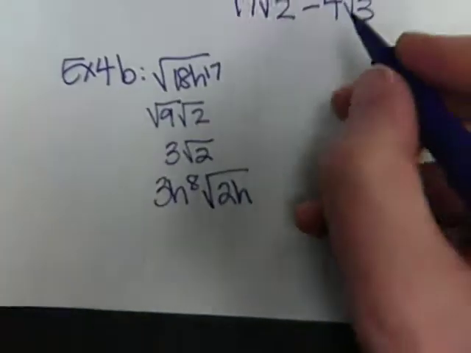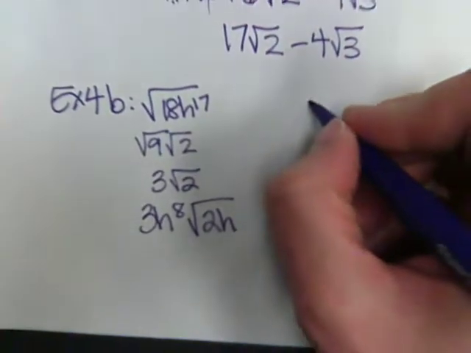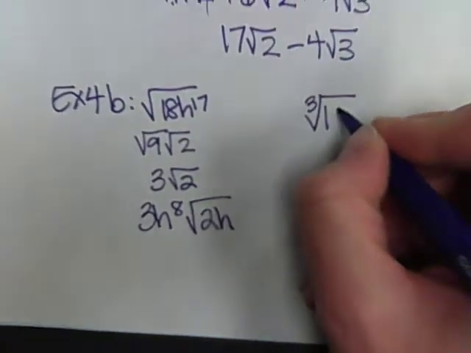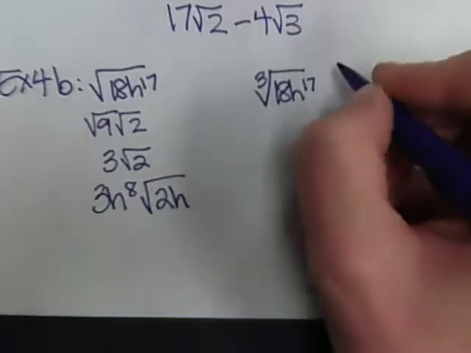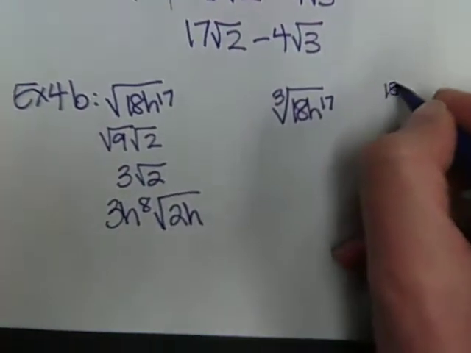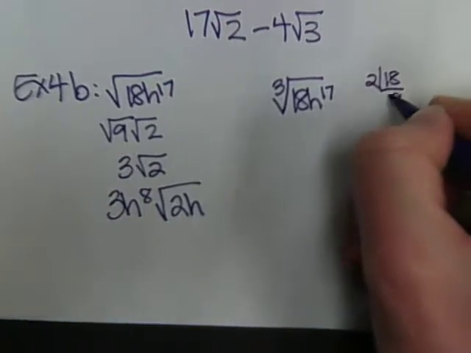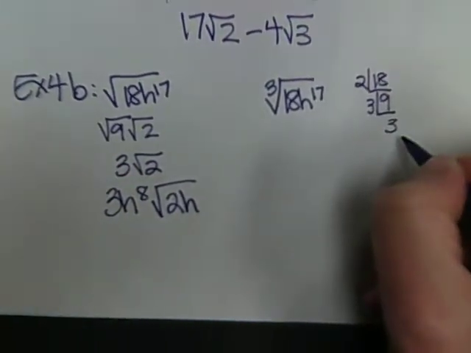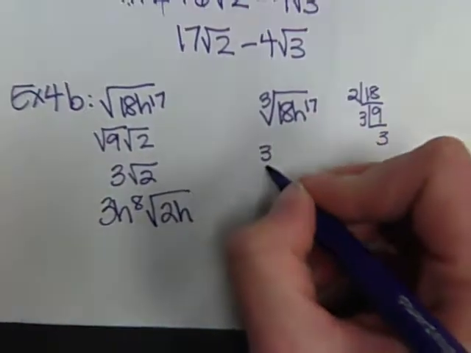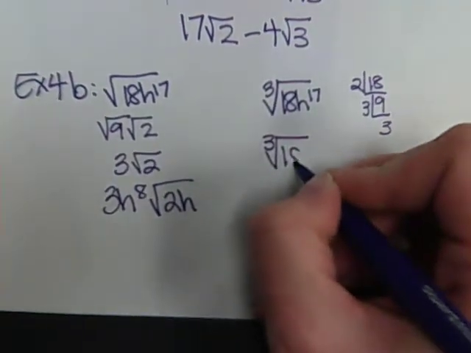Now, I want to push this a little bit further, and let's do the cube root of 18, h to the 17th. Let's just tree method this. 2, 9, 3, 3. I don't have any groups of 3, so it can't simplify as far as number-wise.